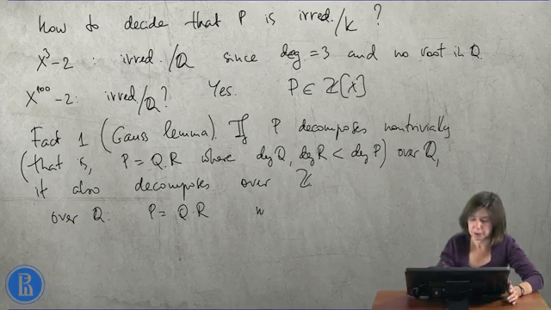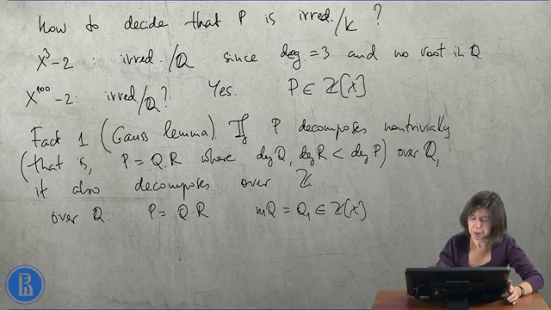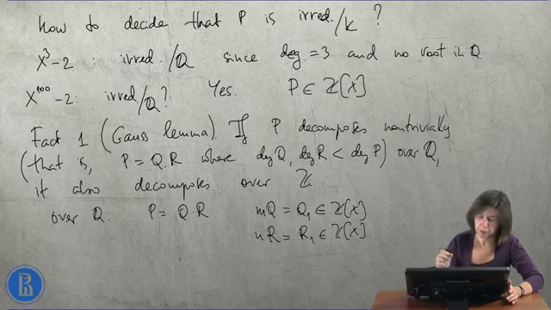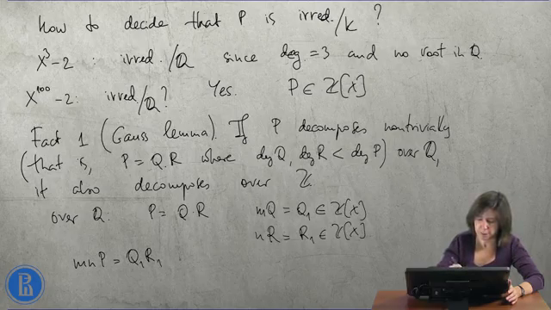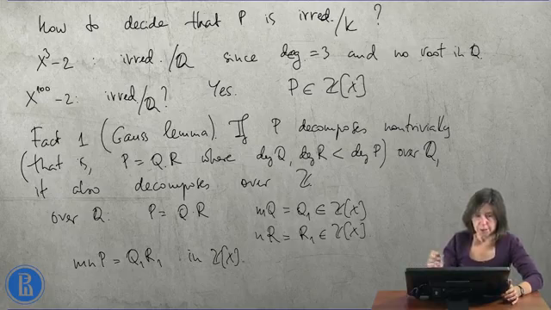So let's say MQ is equal to Q1 in Z, and NR is equal to R1 in Z. Then we have MNP is equal to Q1 R1 over Z. Then take p, which divides MN.